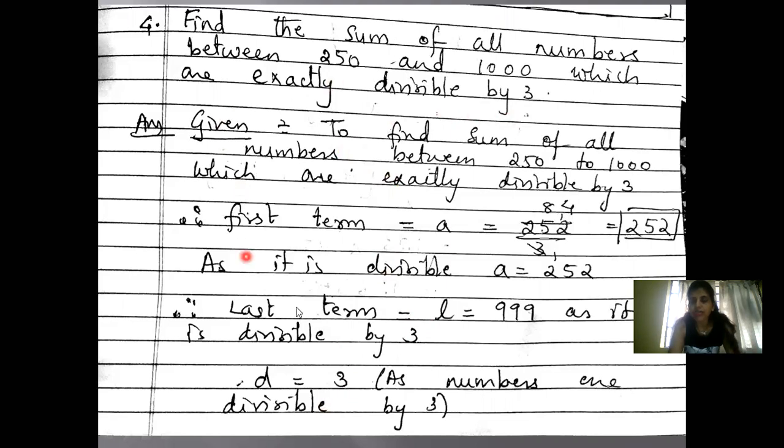First write the given things from the question, and then you have to find Sn, because you have to find the sum of these numbers lying between these two numbers and divisible by 3. For that we are going to use the formula Sn is equal to n upon 2 into bracket a plus l.